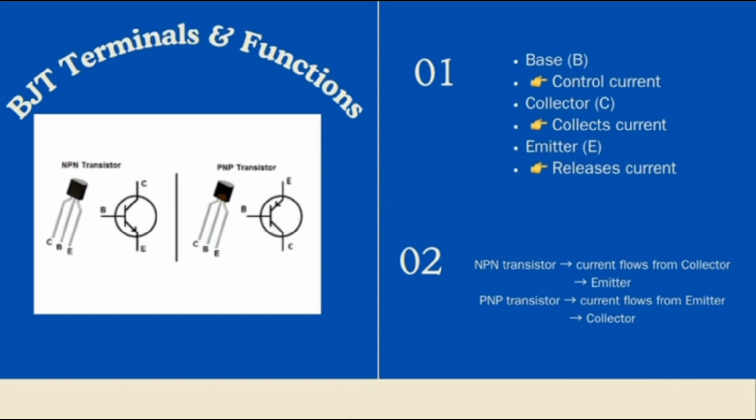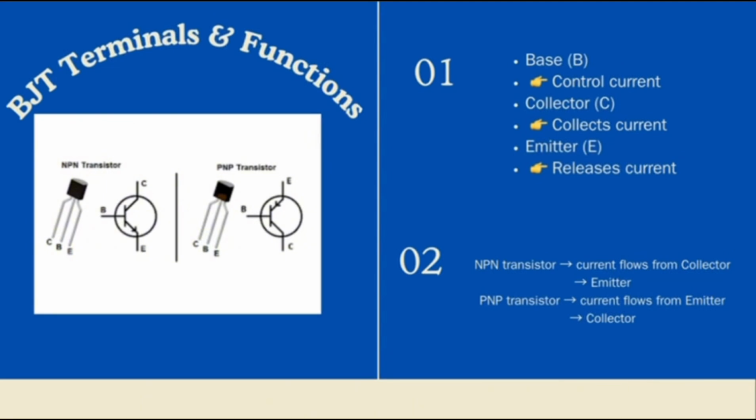The first terminal is the base, which is the B. The base is the control terminal of the transistor. It controls how much current flows through the transistor. When a small current is applied to the base, it allows a larger current to flow between the collector and the emitter. This means the base acts like a switch or a control signal.